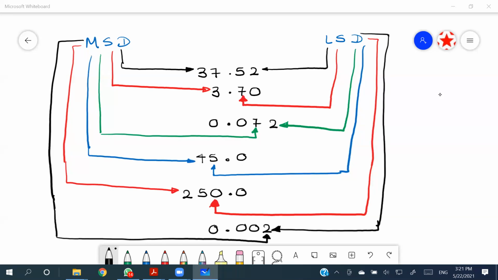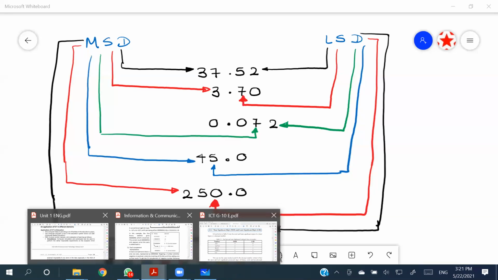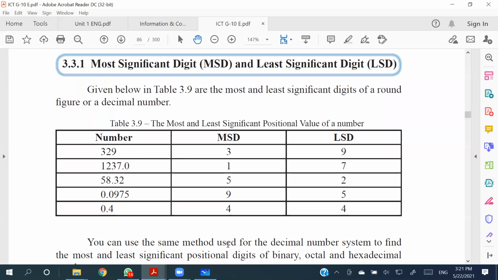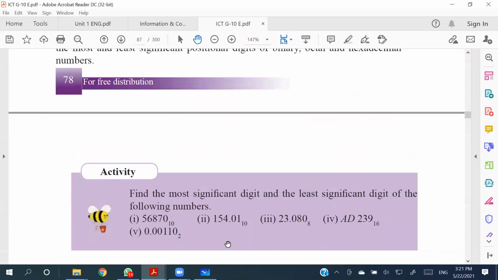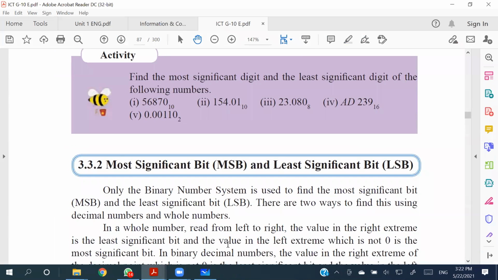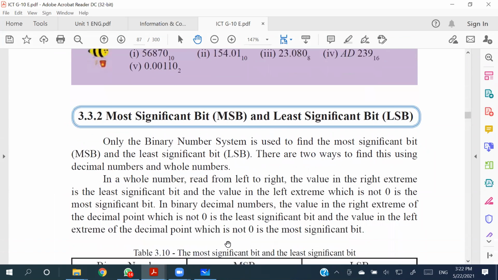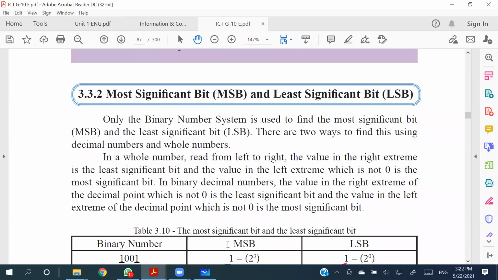Okay. So now we know the story about the least significant digit and the most significant digit. Since we are working with binary values in computing, there are special terms called most significant bit and least significant bit.